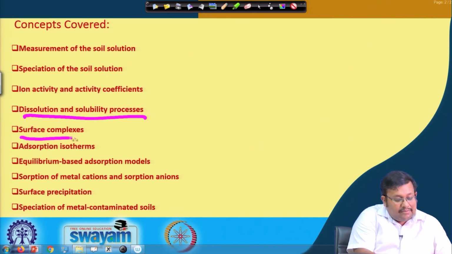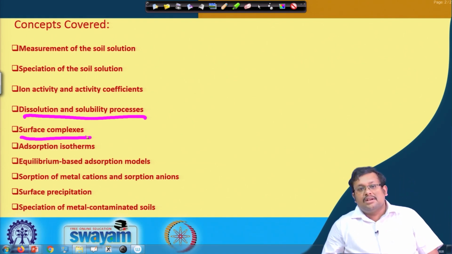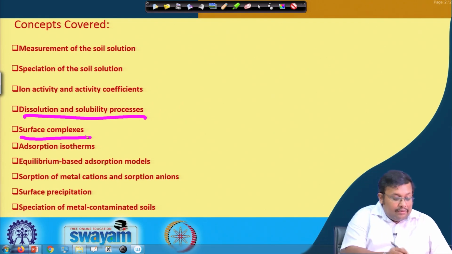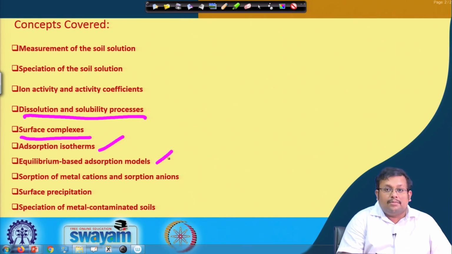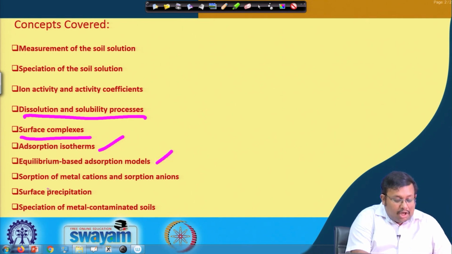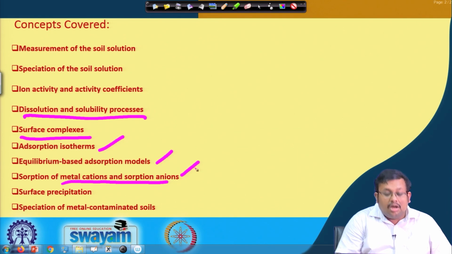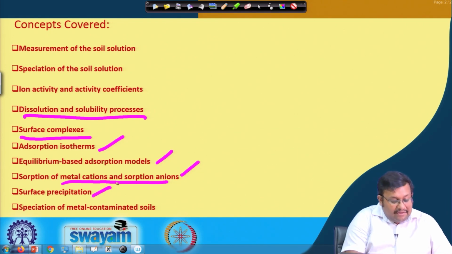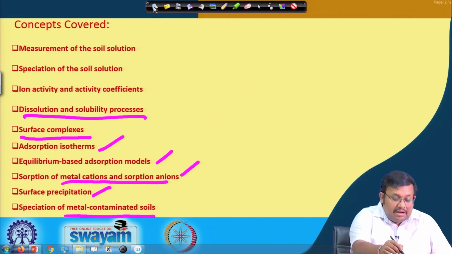Then surface complexes, what type of complexes different metals generally form with the soil surface, with the soil particles. Then adsorption isotherms, equilibrium based adsorption models, sorption of metal cations and sorption of anions, and surface precipitation, and finally speciation of metal contaminated soils.